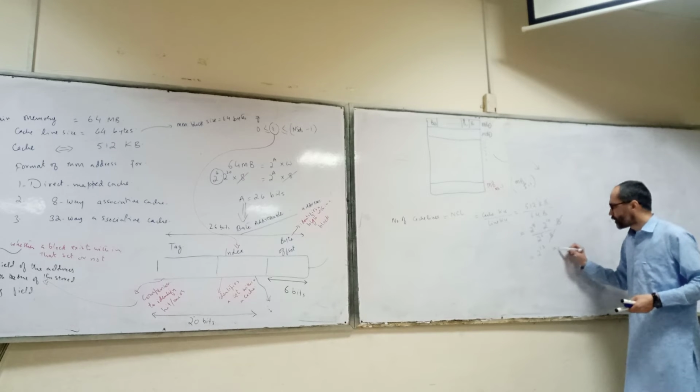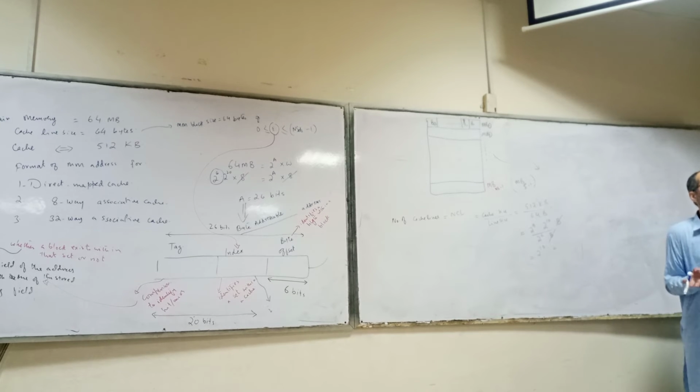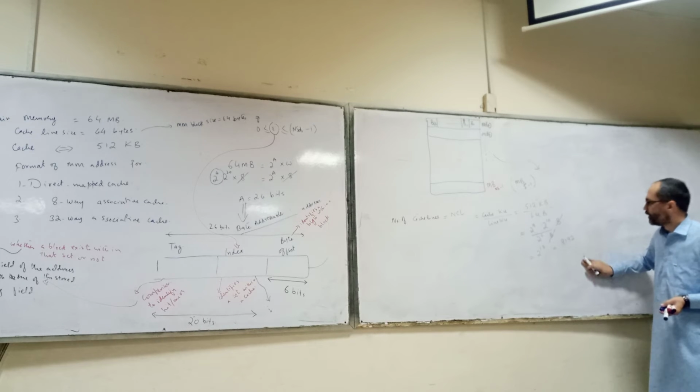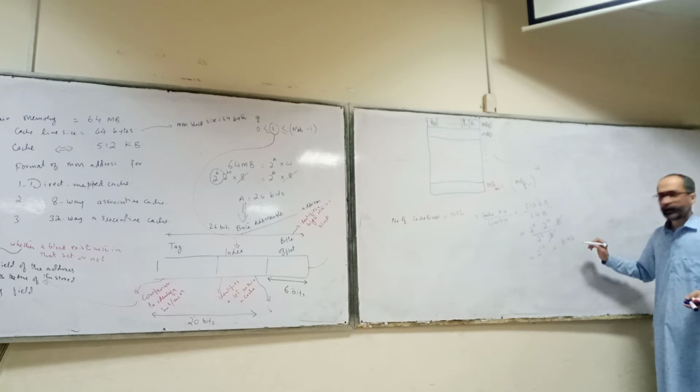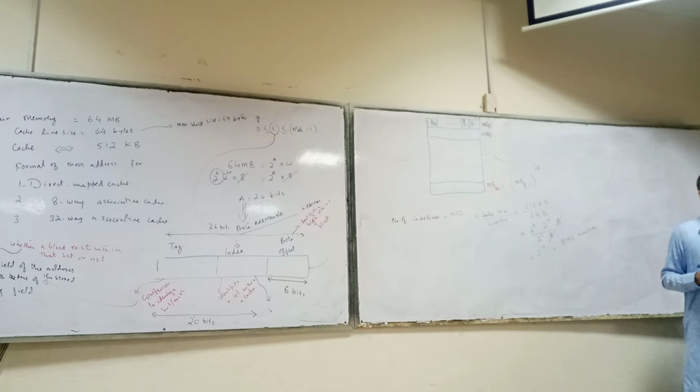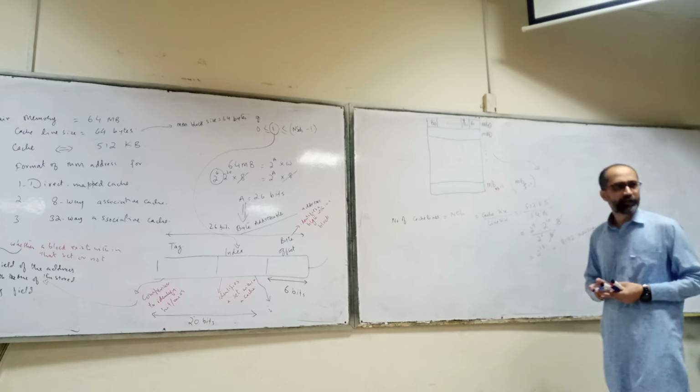So 2 to the power 13, which is very tractable. It is equal to 8192 cache lines. How many lines can you store in the cache? 8192.